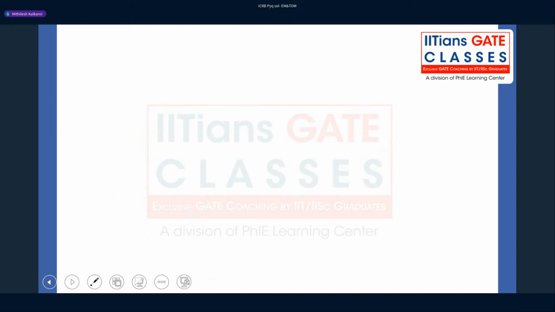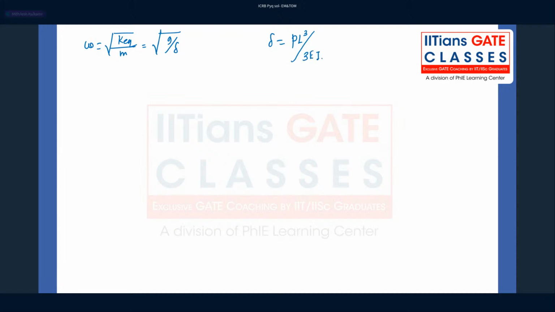Let's look into it. We know that omega is under root of K equivalent divided by M, or you can also calculate it as, for the beams, it is g by delta. Delta is the deflection. Deflection in case of cantilever beam is PL cube divided by 3 EI.